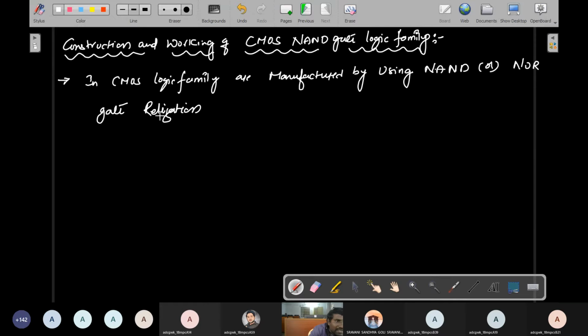Okay, NAND and NOR gate realization. So we can manufacture CMOS logic families by using NAND or NOR gates.